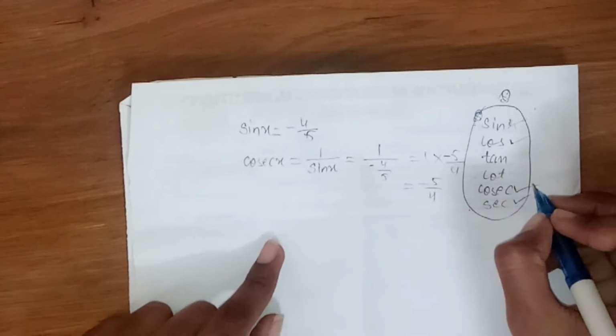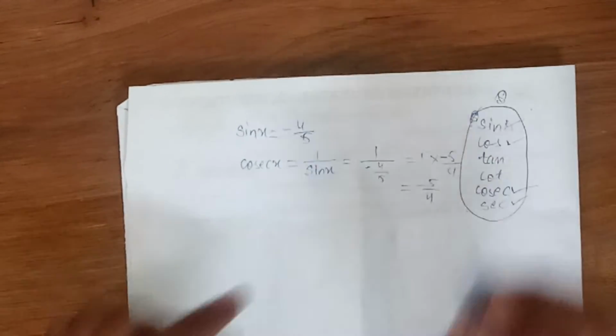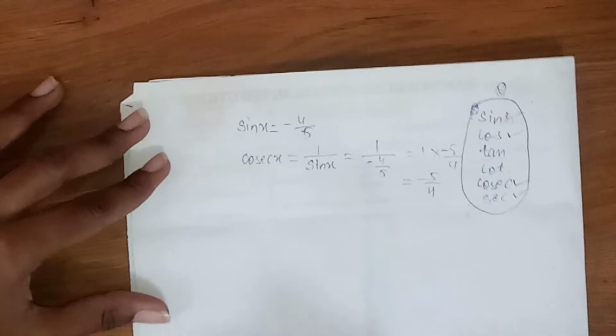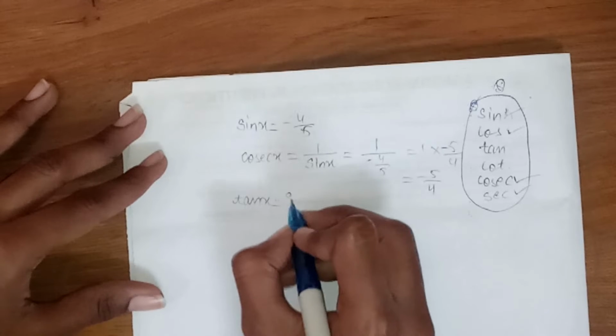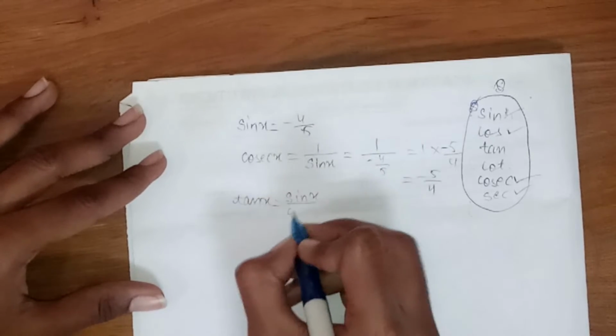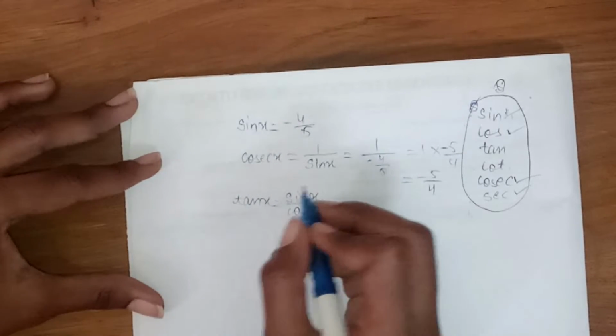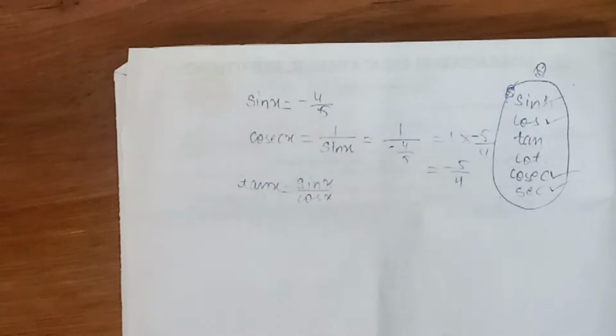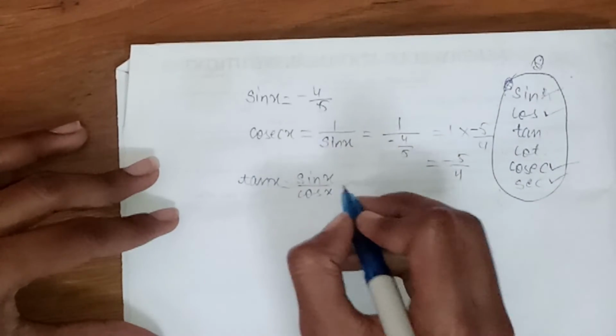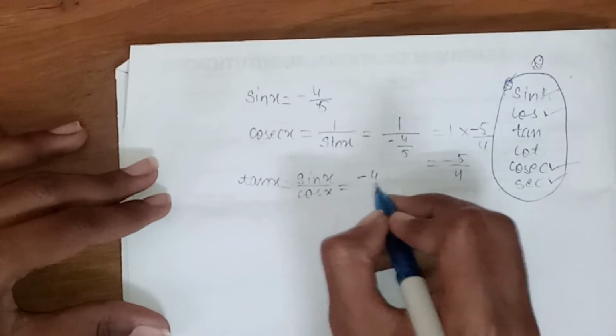Let's take it. So we just need the value of tan and cot. How can we find the value of tan and cot? See, we have one formula, sin x by cos x. We know the value of sine, right? What's the value of sine? Minus 4 by 5.